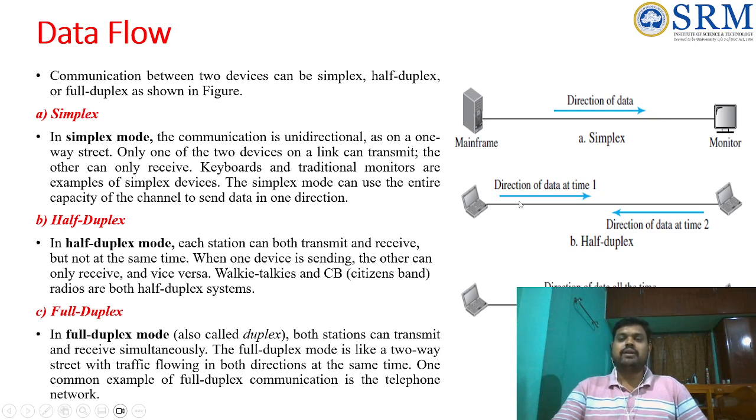Whereas in half duplex, data will move in both the directions, but not at the same time. Only one can speak at a time. The best example is walkie-talkies, right?